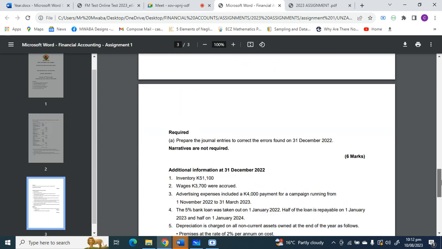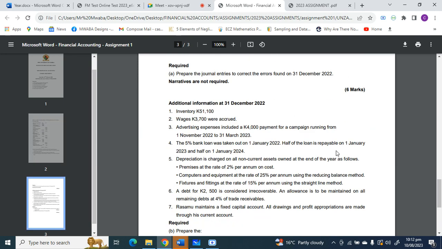So they've told us the first payment is going to be made on 1st January 2023. So in 2023, when that payment is made, it will be recorded. So basically, for this one, there was no adjustment made. Unless the loan was payable within the year, we would have made an adjustment.